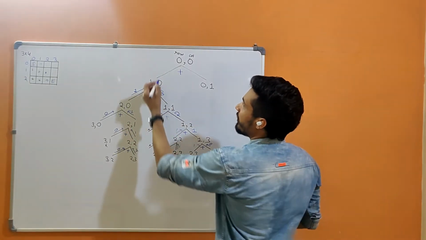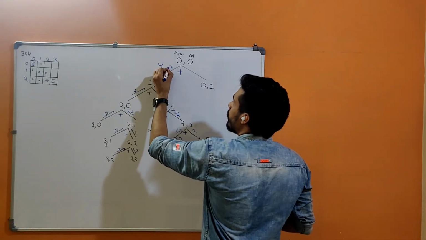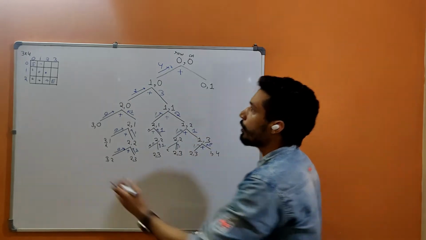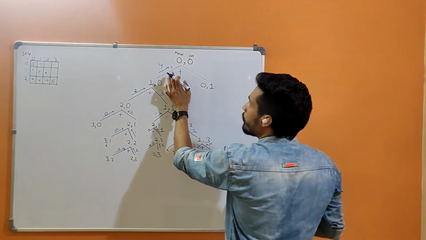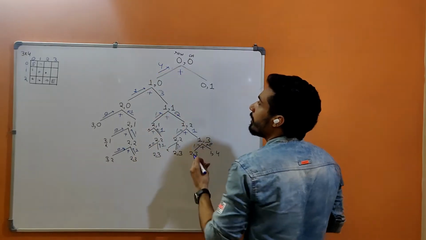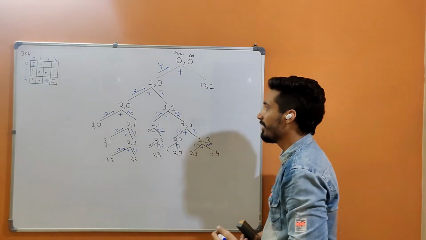From here we return 4. So now we know that if we go toward down, there are 4 unique paths that take me towards the end of the matrix, right?